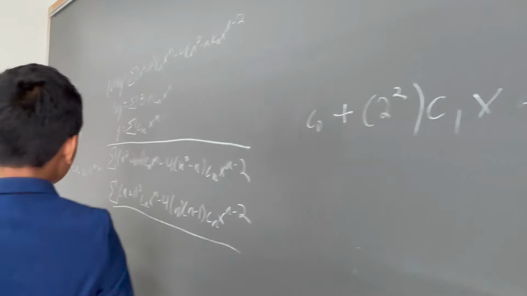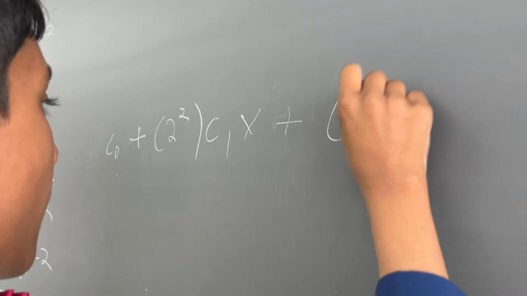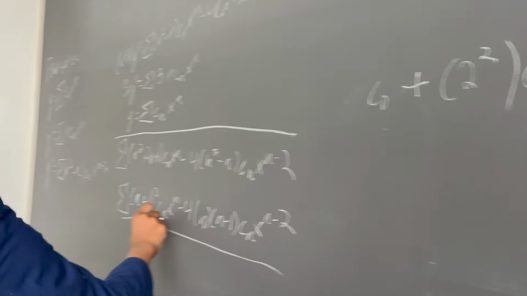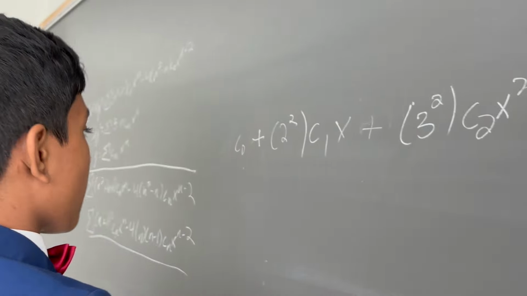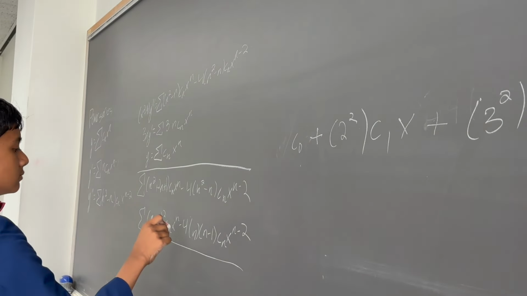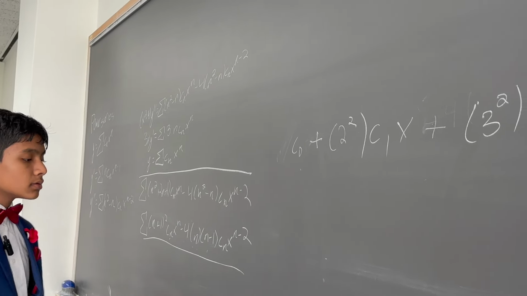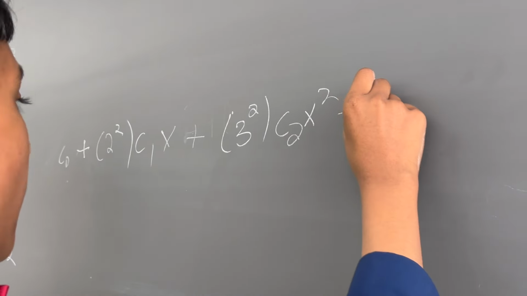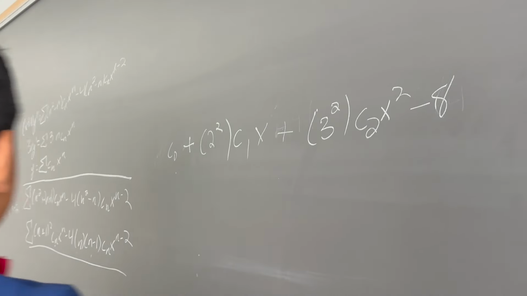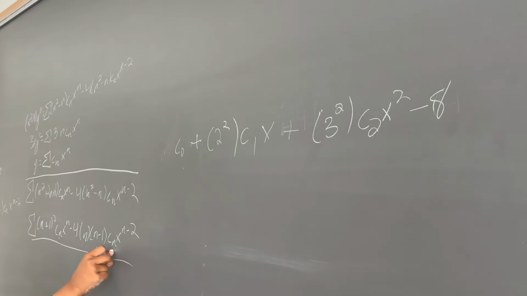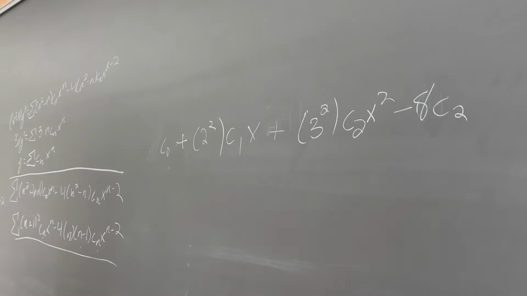When n is equal to 2, this is just 3 squared times c2 x squared, and then minus 4 times 2 times 1, which ends up becoming 8 c2, since x to the n minus 2 is just a constant term.